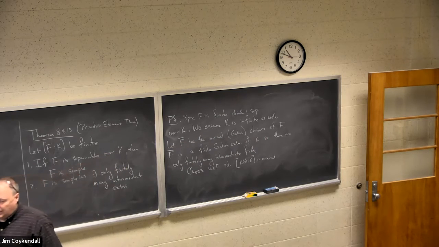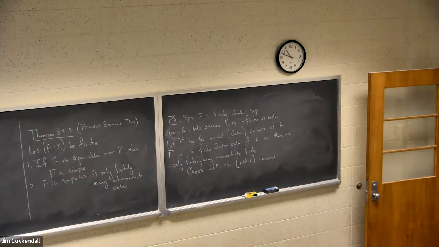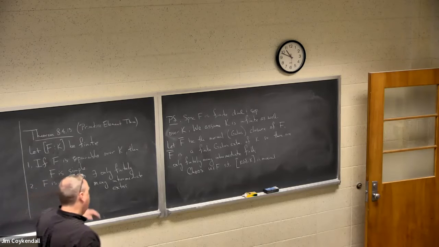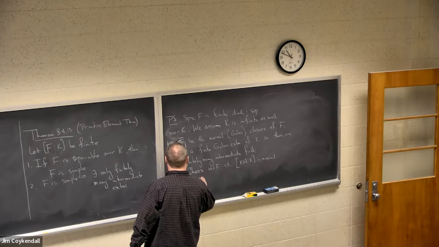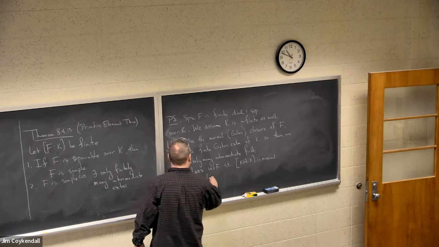Right. I mean, certainly we can do that because the degree of F over K is finite. So I can surely choose some element such that this degree is maximal. And of course, let me point out if F is equal to K, we're done.